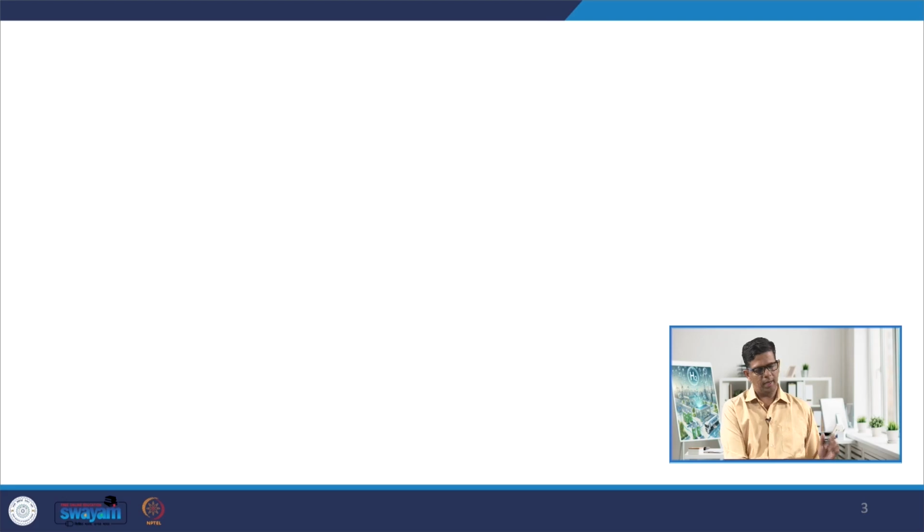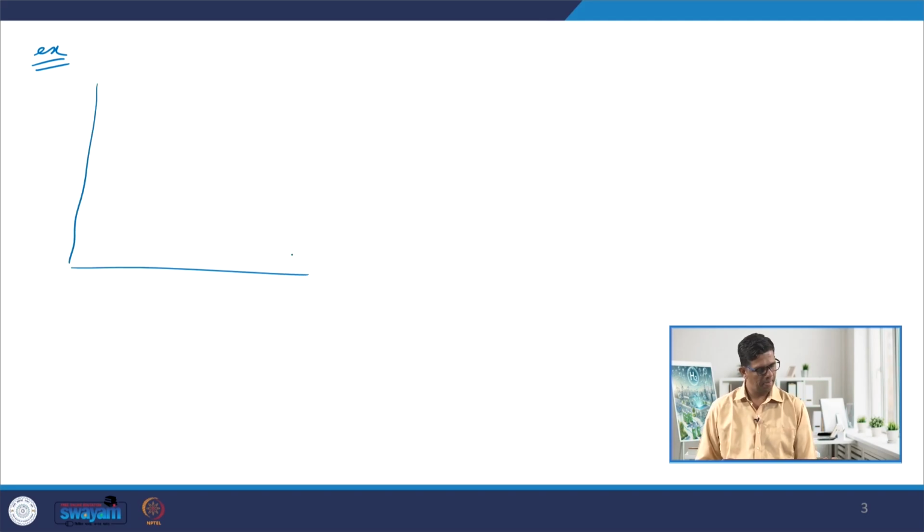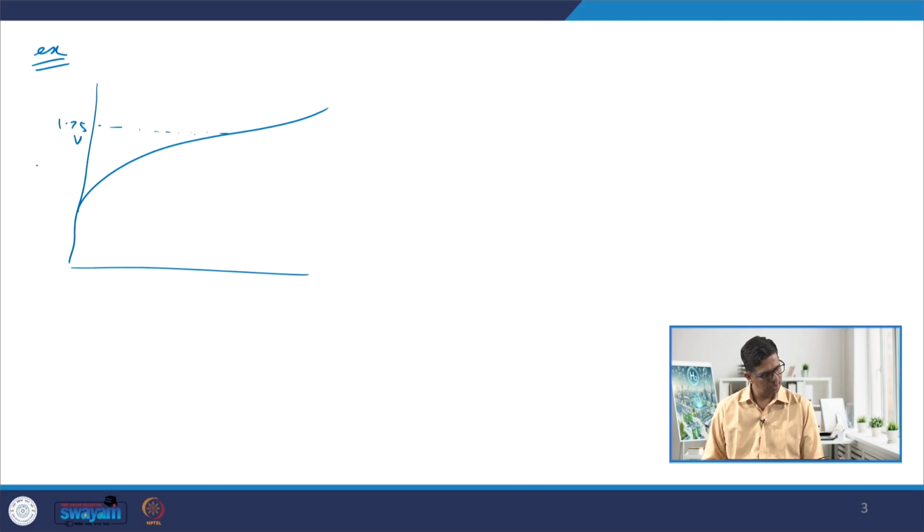So let's go ahead and solve one more numerical with respect to electrolyzer. This time let's have one electrolyzer which is, say, performing at 1.75 volt. This is again potential, and the corresponding current is at around 100 amperes.